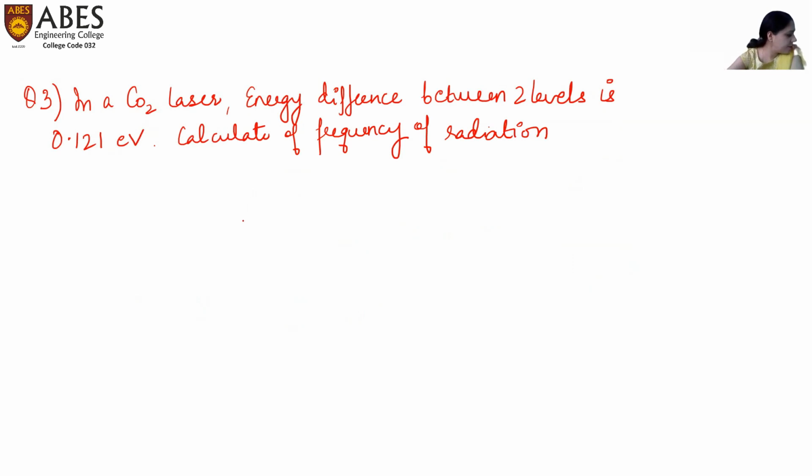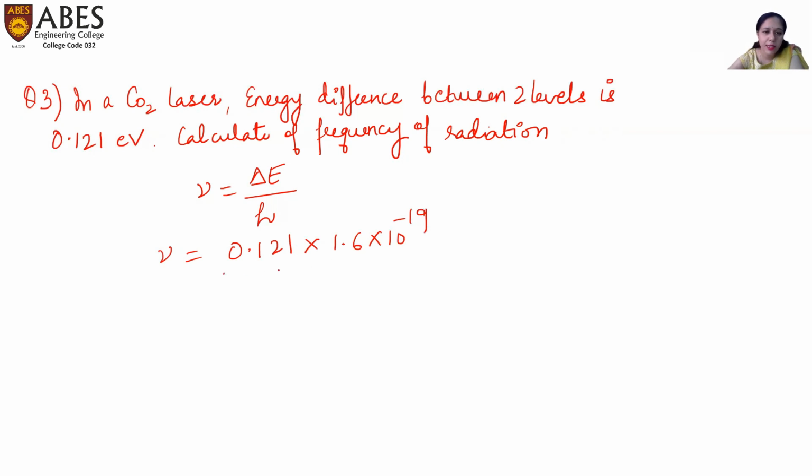So again, we can write nu as delta E, that is the difference in energy, by h. So this time nu will be 0.121, converted into joules by multiplying by 1.6 into 10 raised to the power minus 19, divided by h, which is 6.62 into 10 raised to the power minus 34, per second.